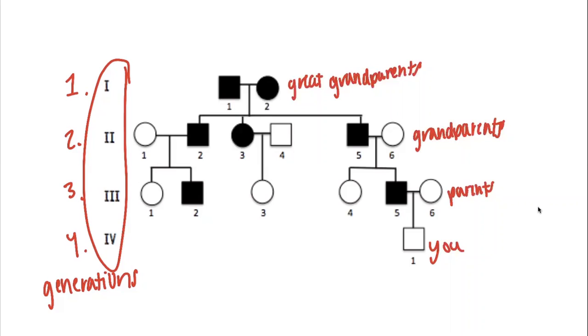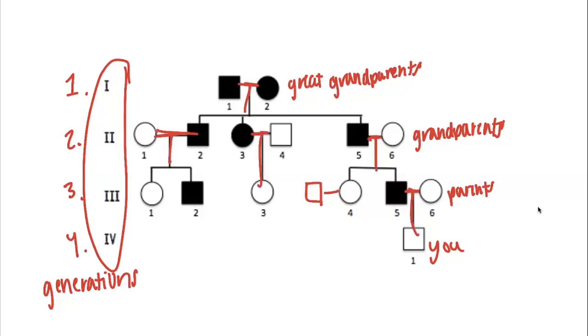Again, this horizontal line indicates marriage. When there's a line from that marriage, that vertical line, those indicate offspring. They had children. You could have, let's say, this female got married to a male. They can be married and not have any children, right?